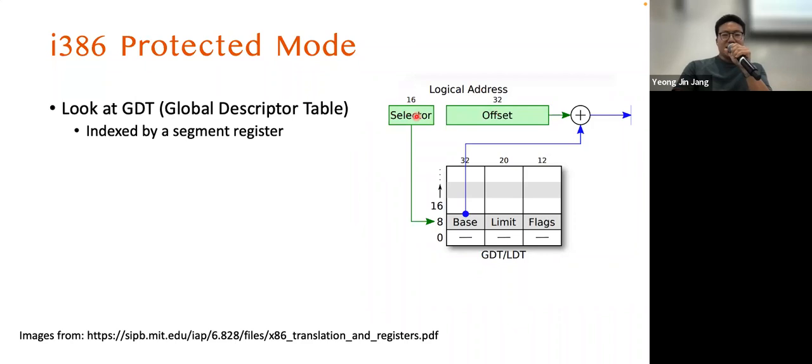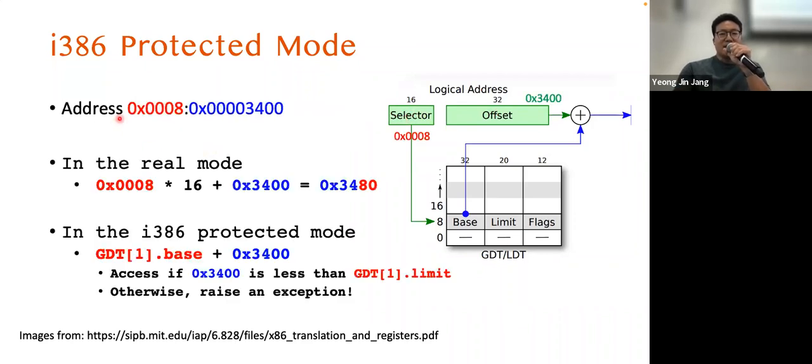Suppose the address is something like this, a segment and an offset. In the real mode, how we calculated the address was to multiply the segment by 16 and then add the offset, so the address would be translated into this one. But after enabling the protected mode, we will not use that kind of translation.